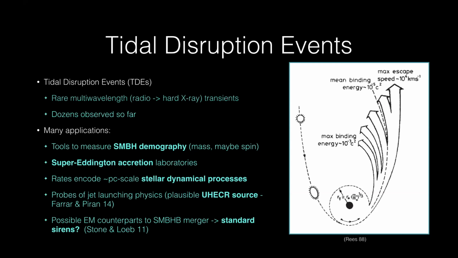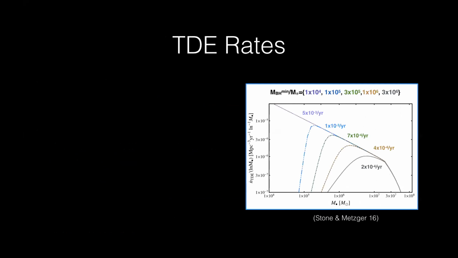So unfortunately, this is the kind of multi-messenger astrophysics that may not overlap with the time duration of the Ultrasat mission, because this would be an electromagnetic counterpart to a LISA band gravitational wave signal. But in principle, these can be used as standard sirens if they accompany the gravitational waves from a supermassive black hole binary merger.